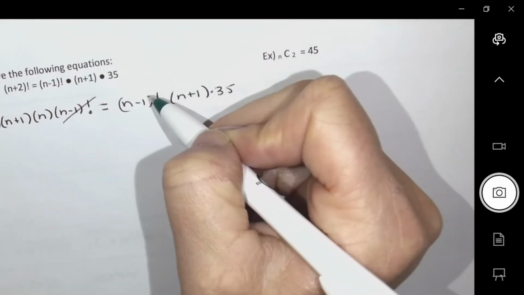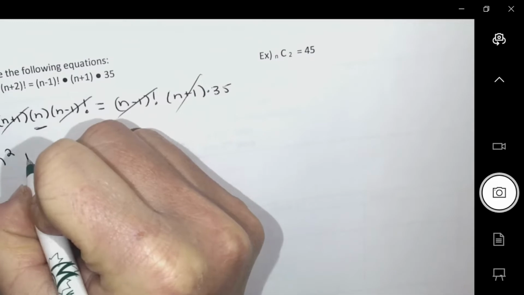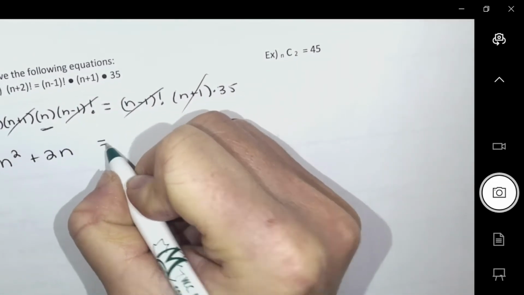Okay, I'm going to cancel now. So I'm going to divide both sides by n minus 1 factorial. I'm going to divide both sides by an n plus 1. Okay, so I'm left with this, which I'm going to simplify. So n squared plus 2n.